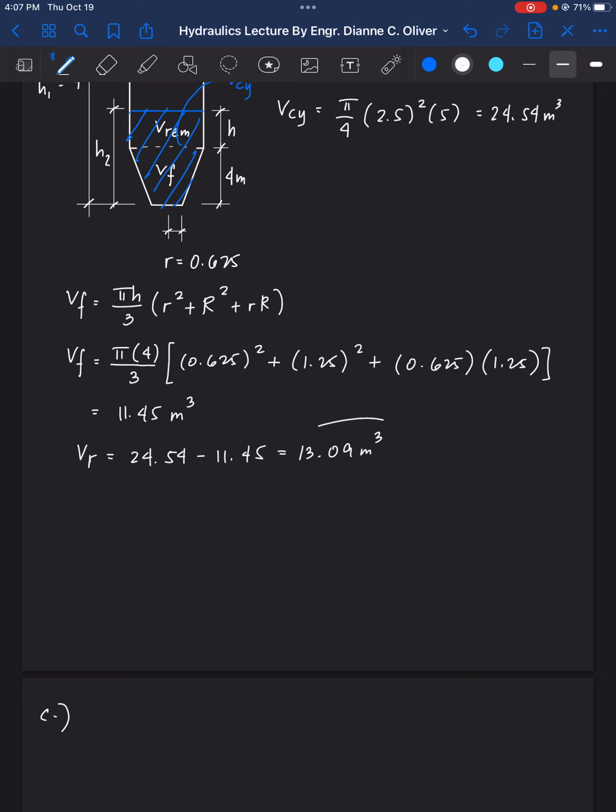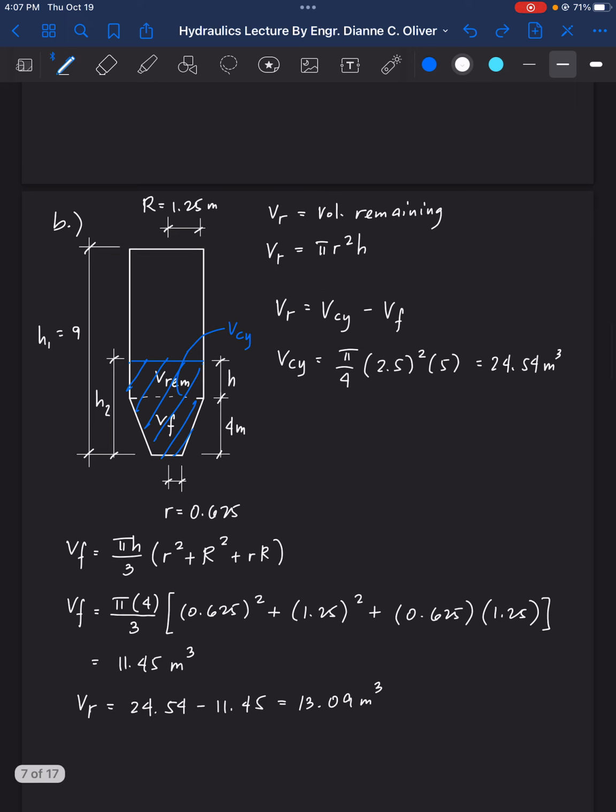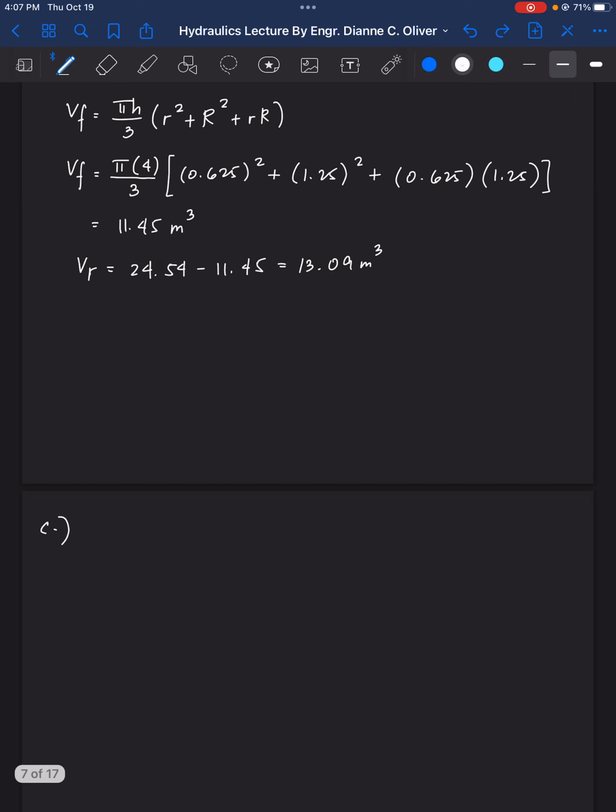So using this volume, we can now solve for the h of this. So 13.09 is equal to pi r, our r is 1.25, squared h. So what's the value for h?